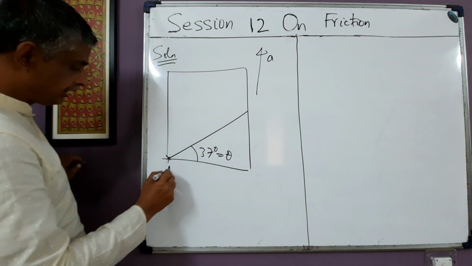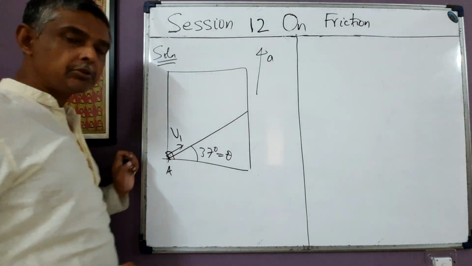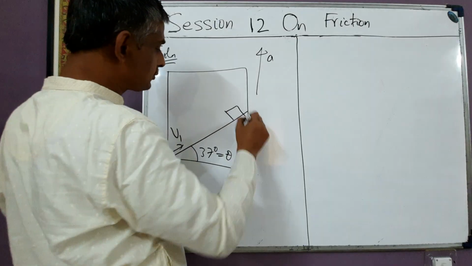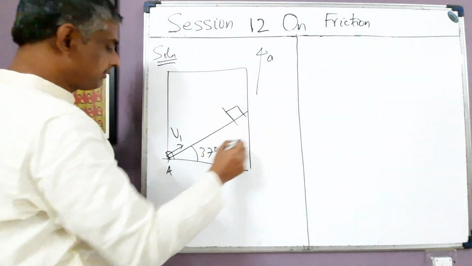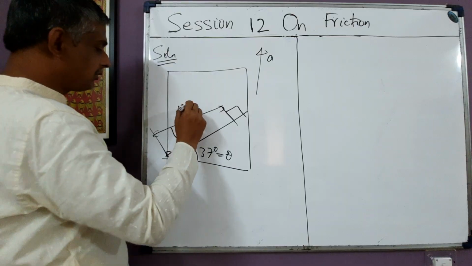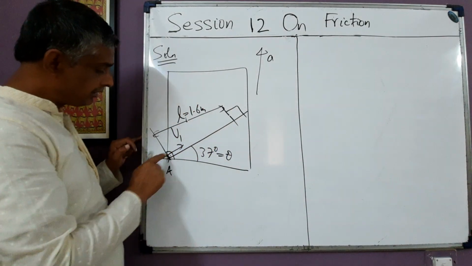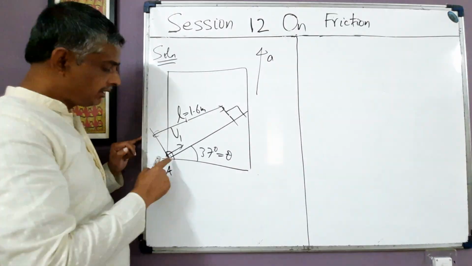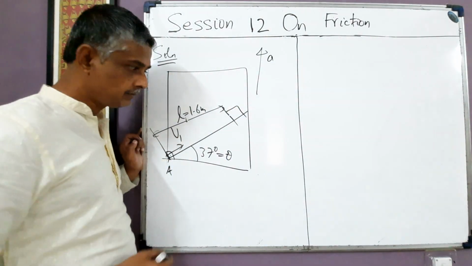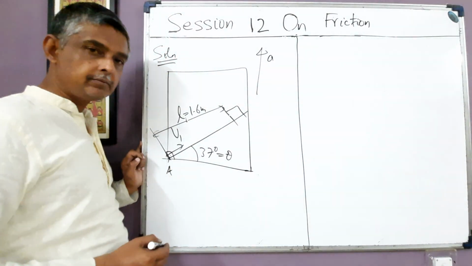This is the lowest point A. A block is projected from this point A with initial speed v1 equal to 4 root 2 meters per second with respect to the elevator. The block comes to rest here after covering a distance L, given as 1.6 meters, and then it begins to slide down the incline. When it reaches this original location A, its speed with respect to the incline is v2 equal to 4 meters per second down the incline.